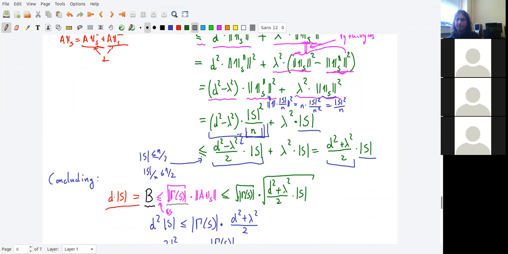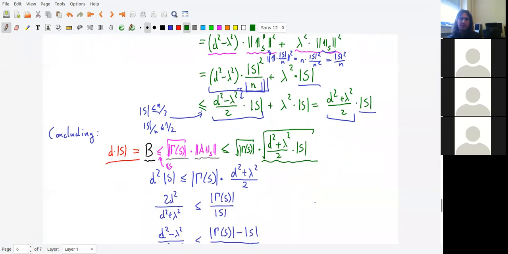One of them had the support of A times 1 on S, which was equal to the size of gamma S, square root. And there was another term, the length of A times 1 on S, which we managed after this decomposition and spectral analysis to upper bound by such a thing.